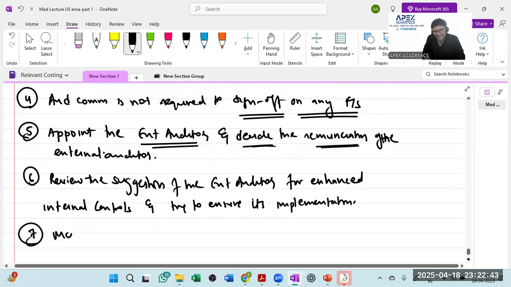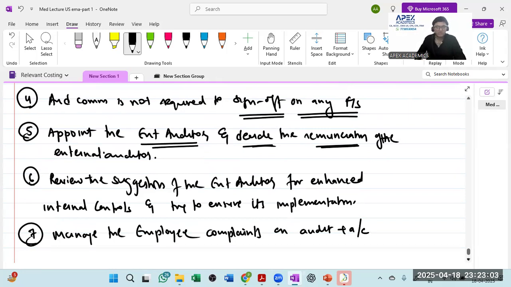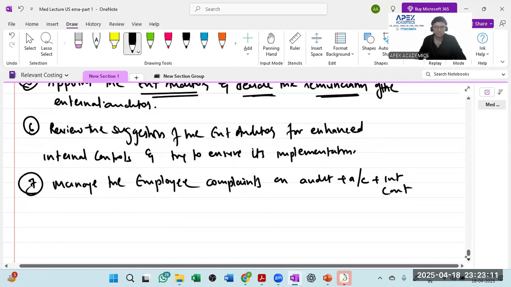They will manage the employee complaints on audit and accounts and internal controls.